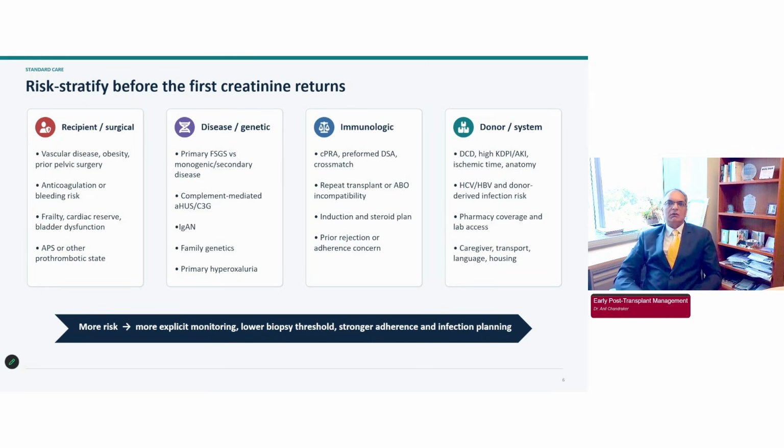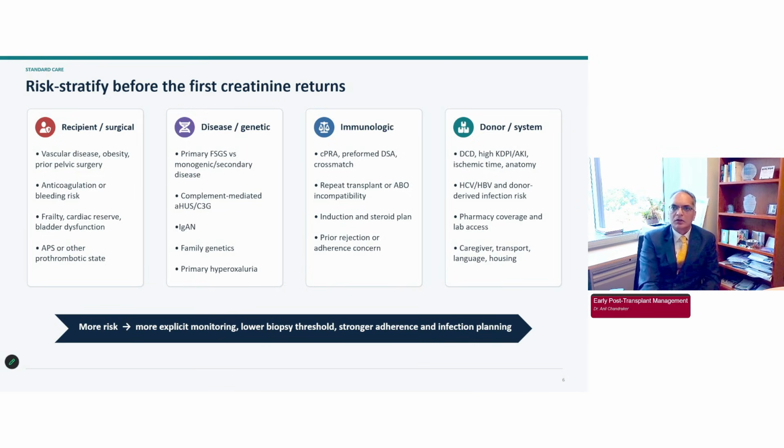And then there are immunological risks, which previous speakers have spoken about. And again, that needs to be thought about in terms of what is the risk of a patient getting rejection, and what should their immunosuppression be.